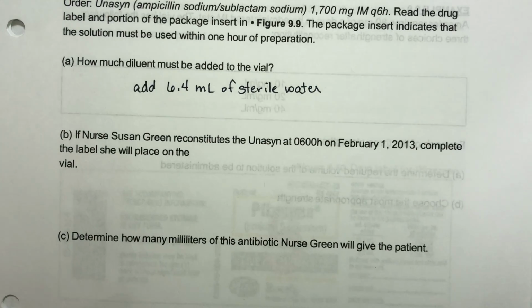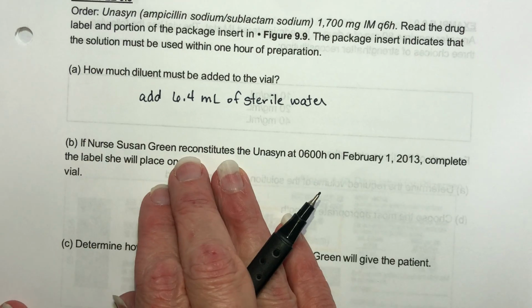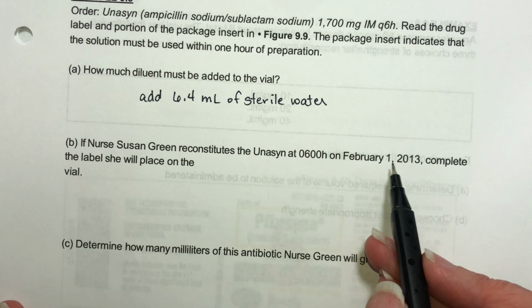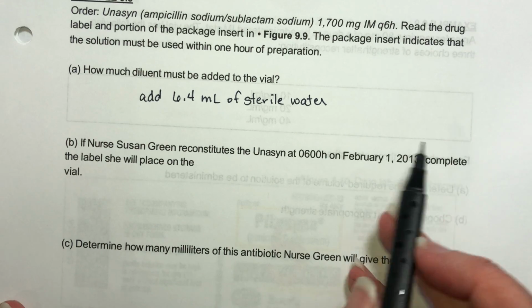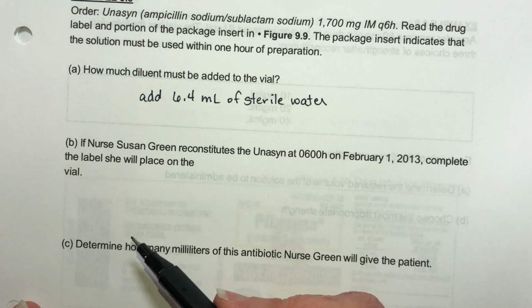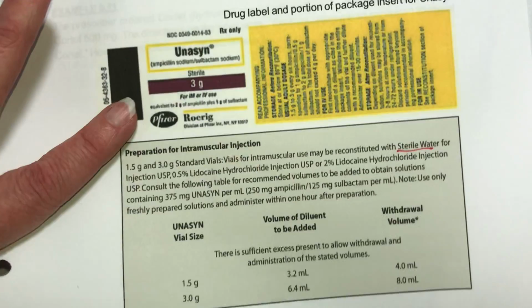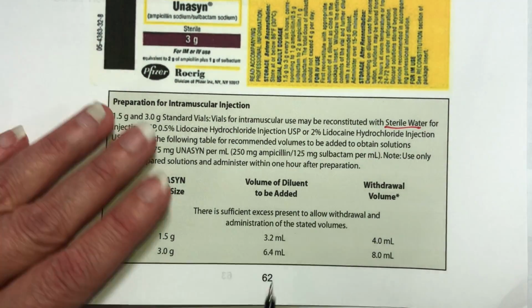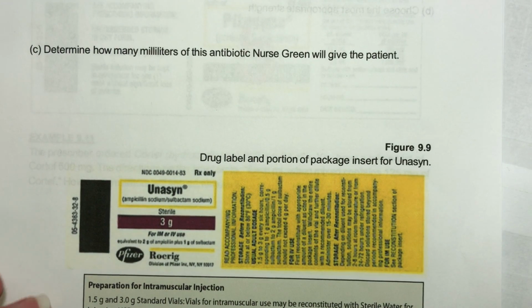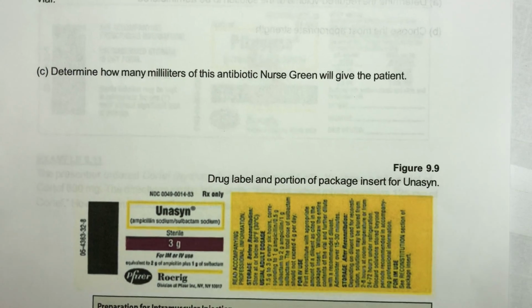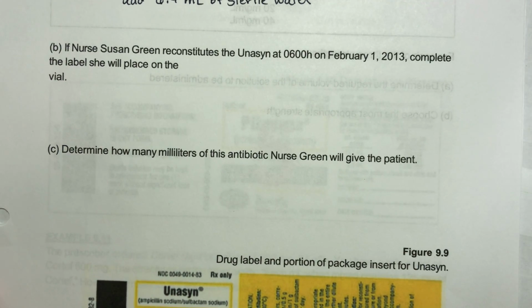Okay. If nurse Susan Green reconstitutes the drug at 0600 hours on February 1st of 2013, complete the label she will place on the vial. Since this has to be mixed up, you have different options of how much to inject, and also it goes bad after an hour, you have to make sure you label everything.